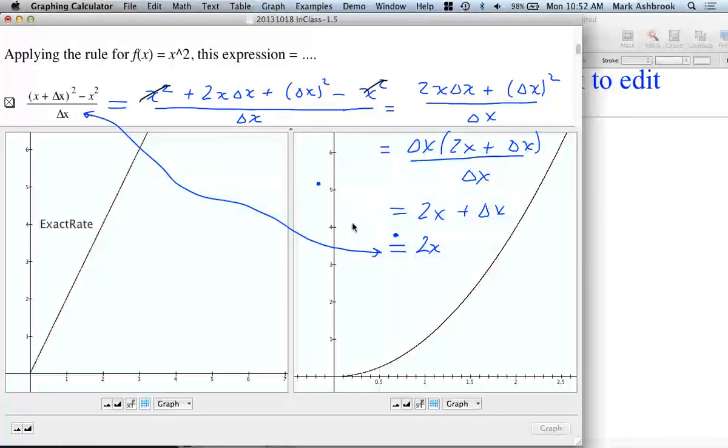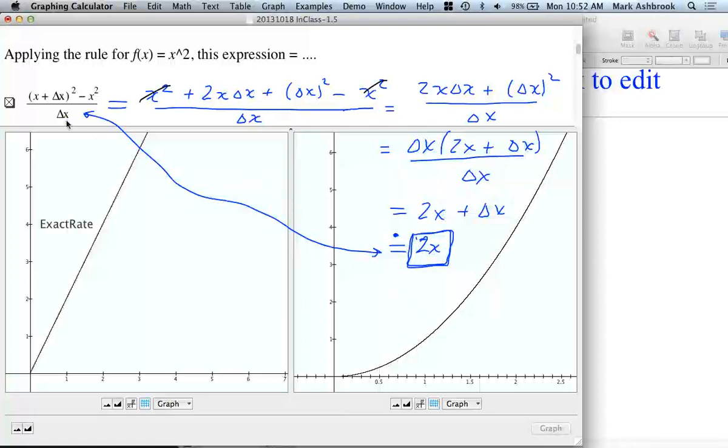So this is a very powerful process because it gives us a very nice form of the exact rate of change. This represents the process of setting up the exact rate, knowing that delta x will get small, but working through this algebra gives us something very simple to work with.